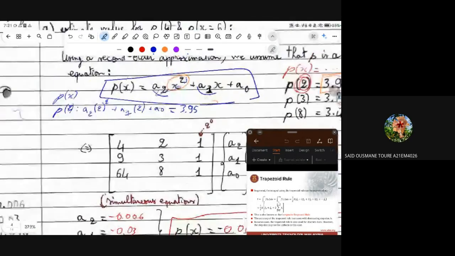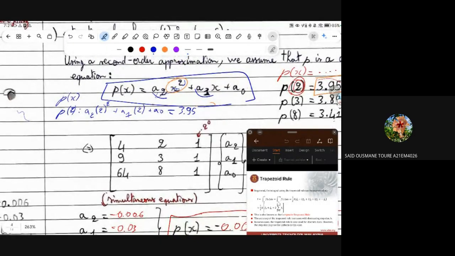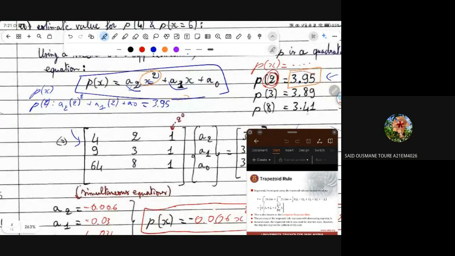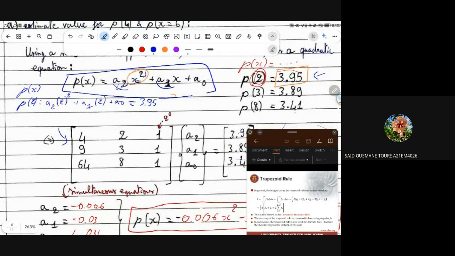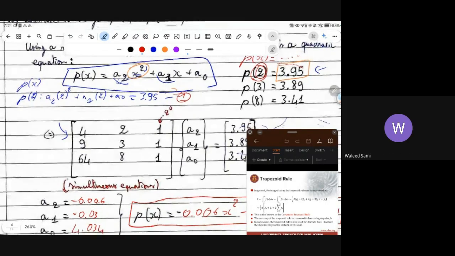No, before the calculator. Now you want to know how to convert it into a matrix, right? Yes, I want to know how to convert the values before I get the values of A2, A1, and A0. Okay, perfect. So now we have the first equation, equation number 1.